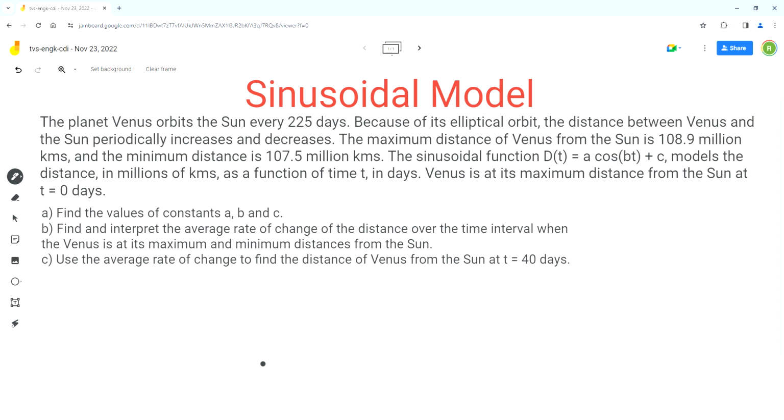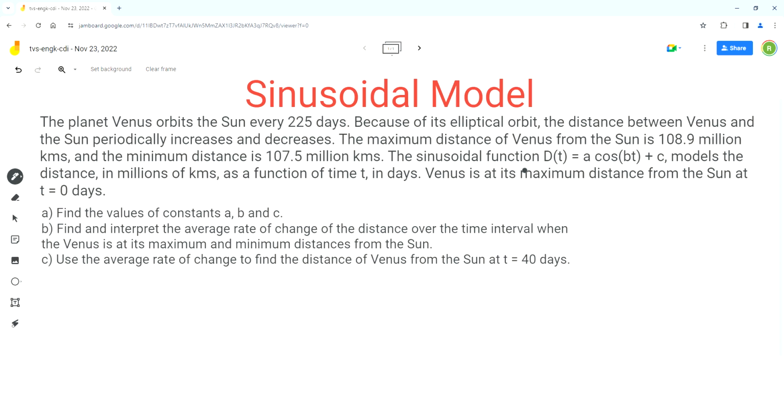So in this video, we'll solve this problem based on the concepts of the cosine function model. As per the problem, the planet Venus orbits the Sun every 225 days. Because of its elliptical orbit, the distance between Venus and the Sun periodically increases and decreases. The maximum distance of Venus from the Sun is 108.9 million kilometers and the minimum distance is 107.5 million kilometers.